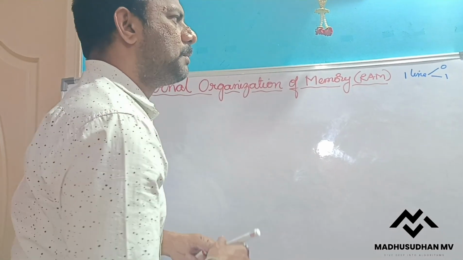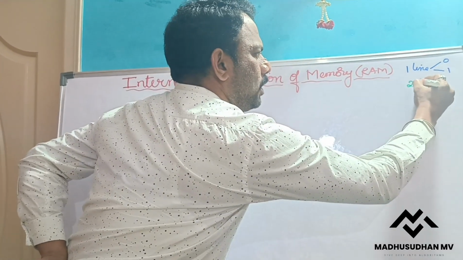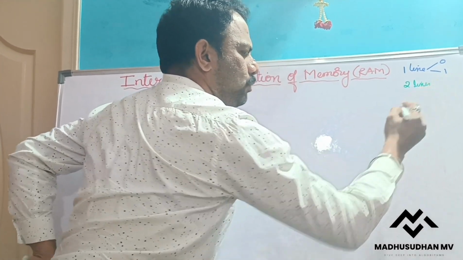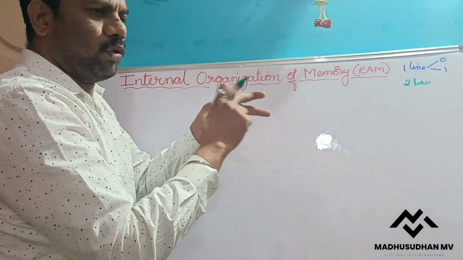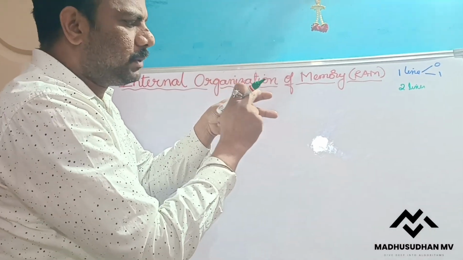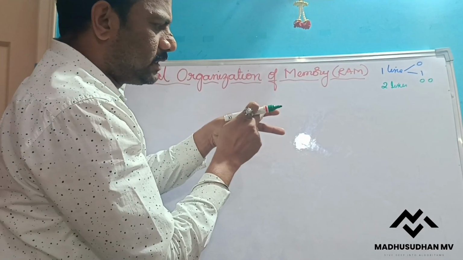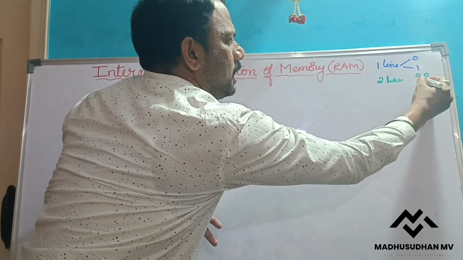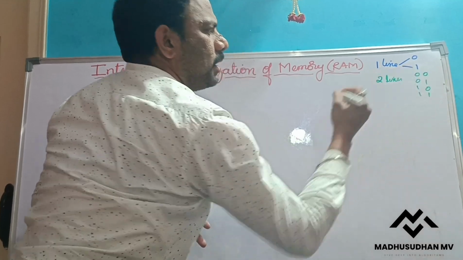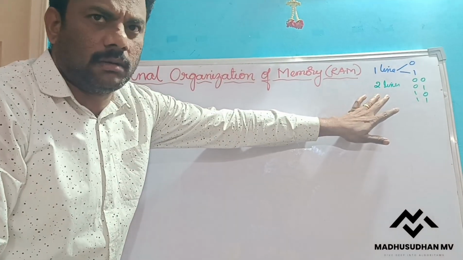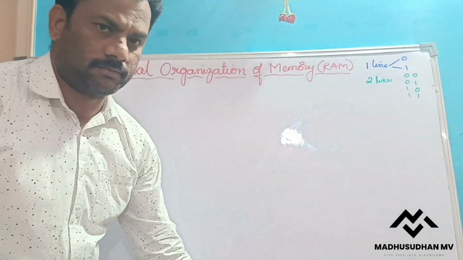Similarly, suppose I'm having 2 lines, what are the possibilities in both the lines? Suppose I have 2 wires: here 0, both are 0, 0 I can send, or here 0 and here 1. Similarly, here 1 and 0, or 1, 1. So with 2 inputs, I am having 4 combinations.